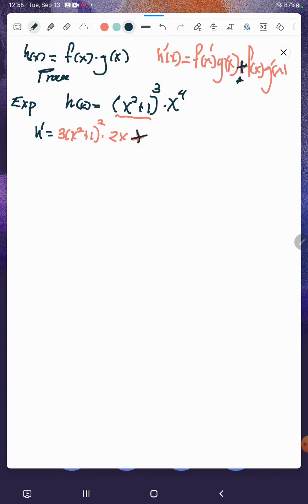And now I'll leave f of x alone. Remember what we're assigning here is f of x is going to be equal to this whole thing here, and g of x will be equal to this function right here. So now I'm going to leave f of x alone, and it's just going to be what it is. In this case, it's x squared plus 1 to the third power.